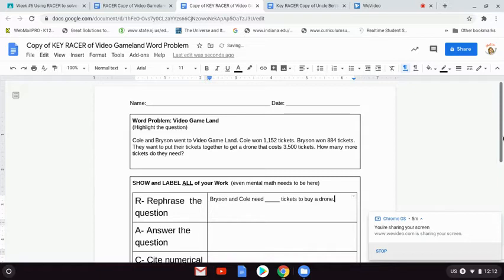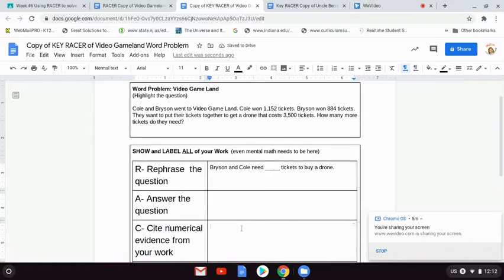Okay, so now we're going to cite the numerical evidence. So they need 3,500. And they're going to subtract what Cole has and what Bryson has. And we're going to figure out how many more they need. So using the order of operations, we're going to do the answer inside parentheses first.